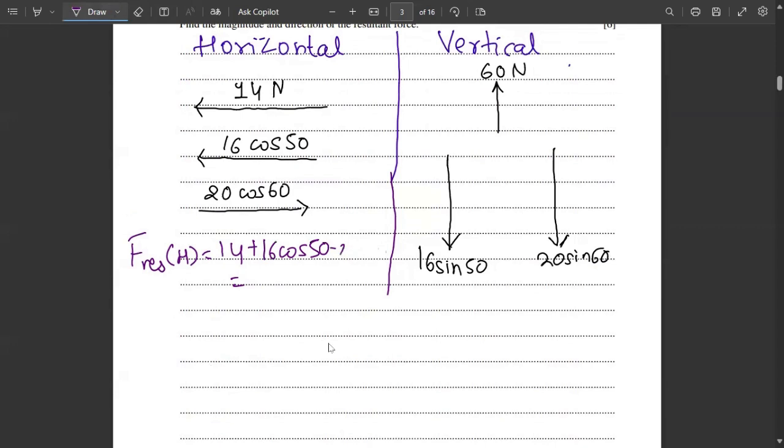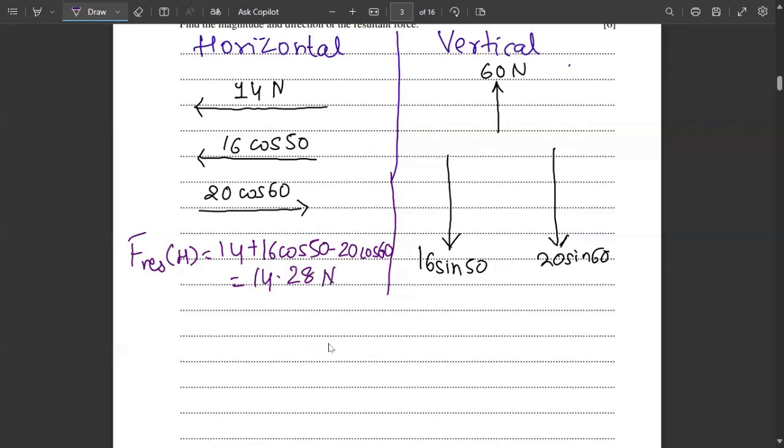Minus 20 cos 60. If I put this in the calculator, 14 plus 16 cos 50 minus 20 cos 60, the answer is 14.28 Newton.